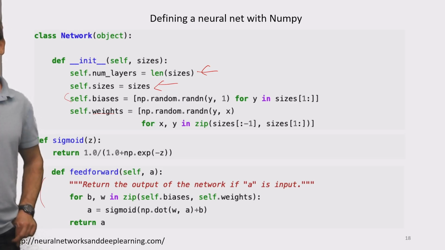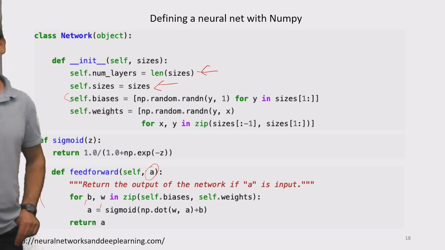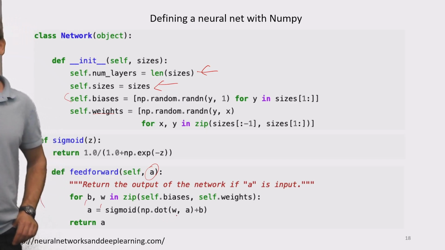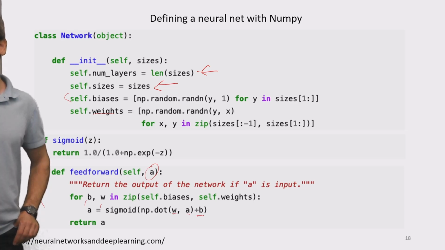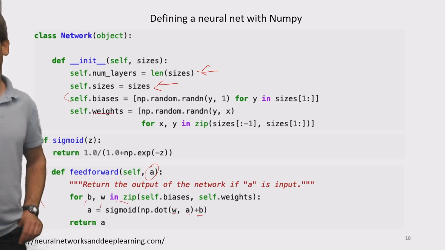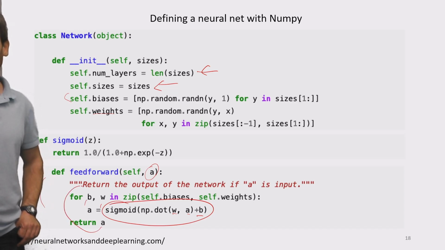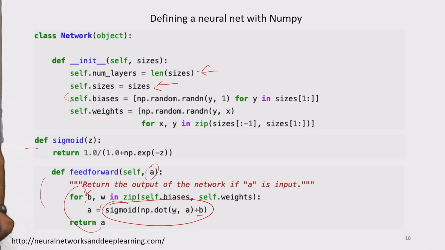That is, for each bias vector B and weight matrix W, we take the initial input, this is what we do initially, and pass it through the dot product between W and A, and we add the bias vector, and then we push everything through the sigmoid activation function and continue with this activation to the next layer until we finish going through all of our layers and we return the output.